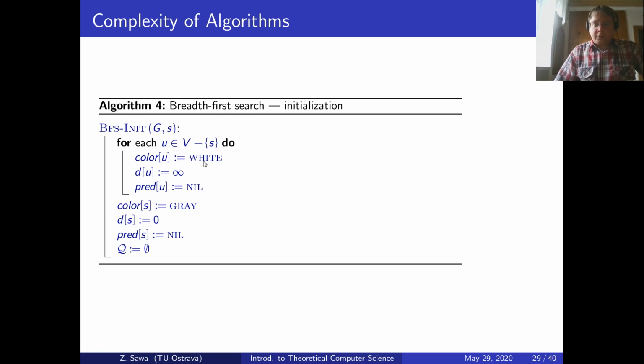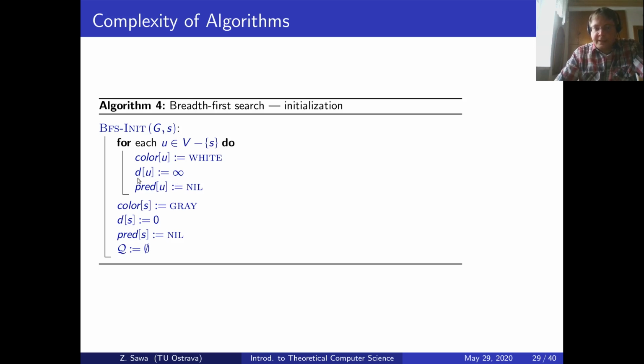White are those nodes that have not been processed by the algorithm yet, that have not been reached so far. Gray are those nodes for which a path has been found, but the edges that go out of the given node were not processed yet. And black color means that the node has been completely processed.